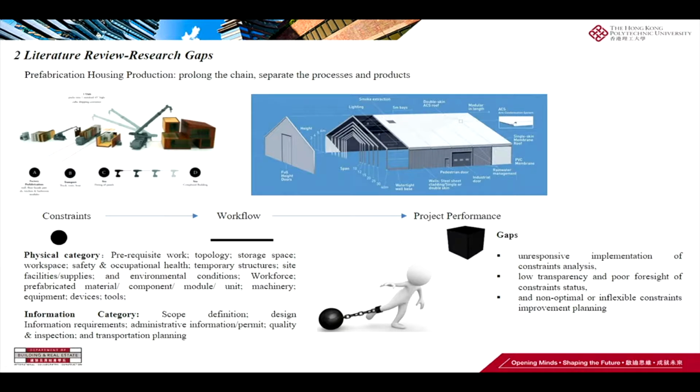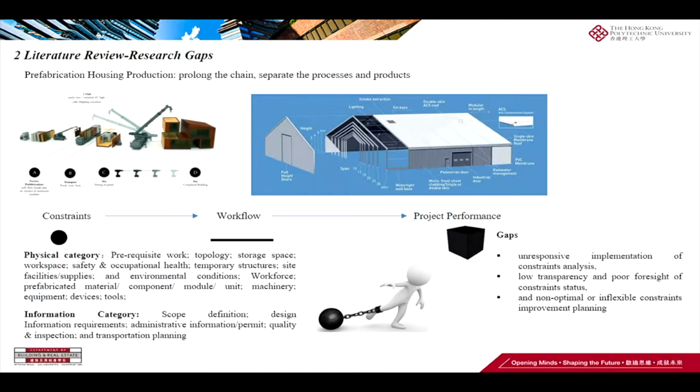The constraints in the supply chain of MIC have been divided into physical categories and physical and information categories. In the physical categories, there are issues like topology and storage space. Why do we mean storage space?